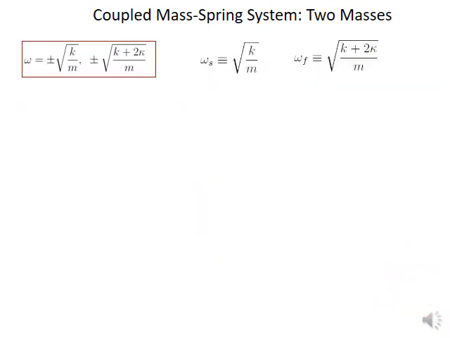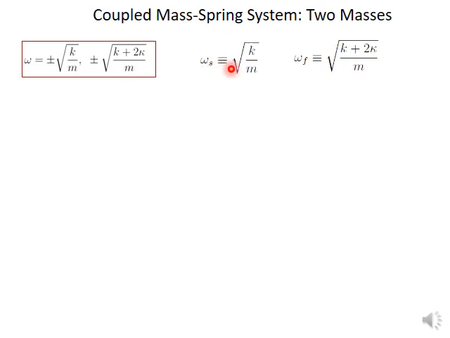Let us do a certain definition. From here you can see that this frequency, this omega, is smaller in magnitude than this omega. So this would represent slow oscillation, and this frequency would represent fast oscillation. So we defined two quantities.